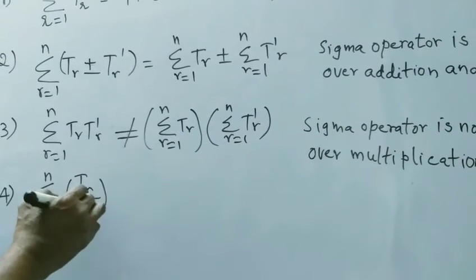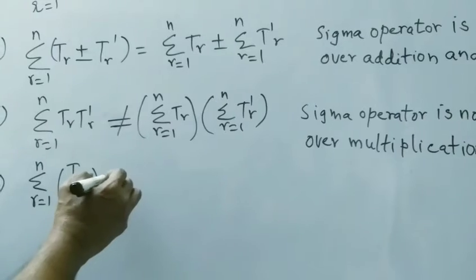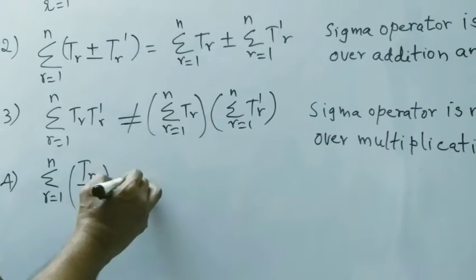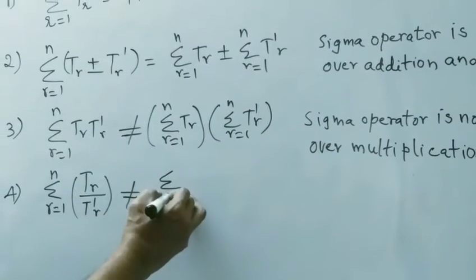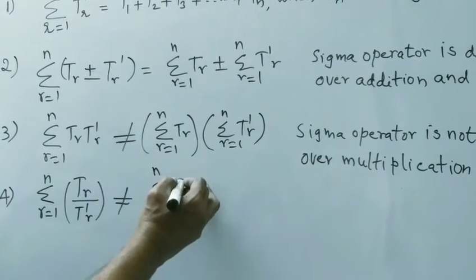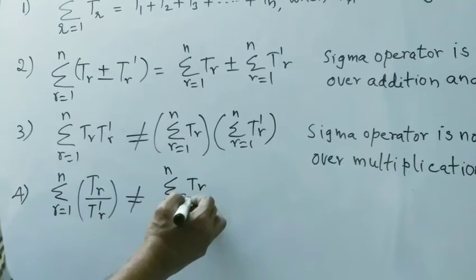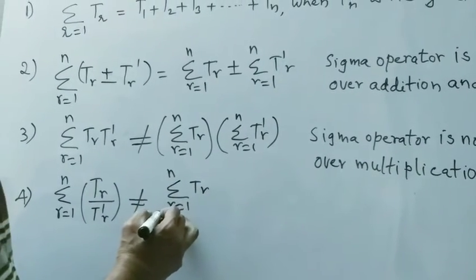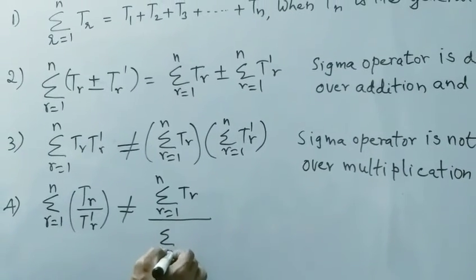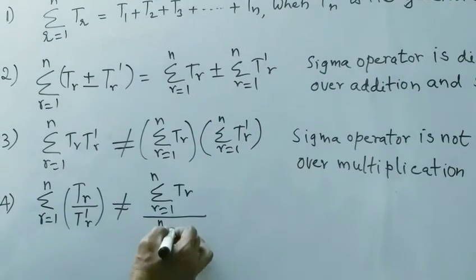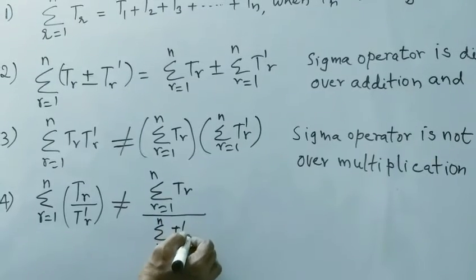So here, division. It also does not equal summation of r is equal to 1 to n rth term divided by summation of r is equal to 1 to n t dash rth term.